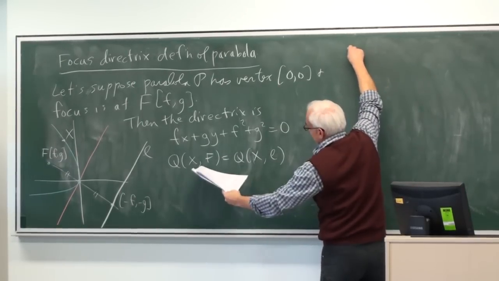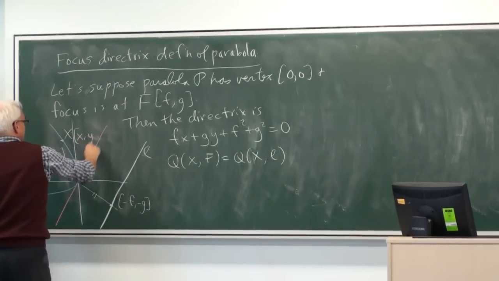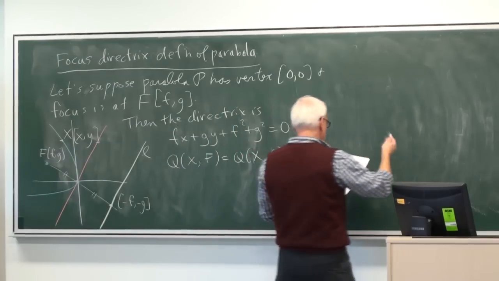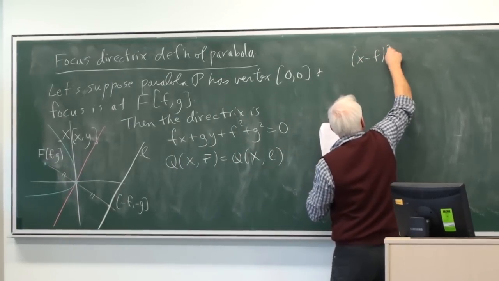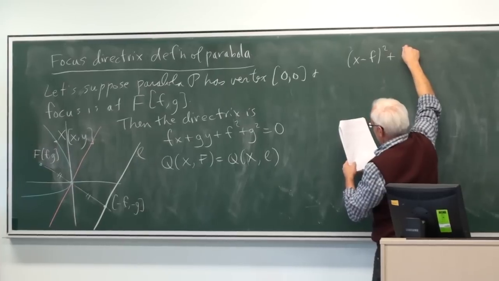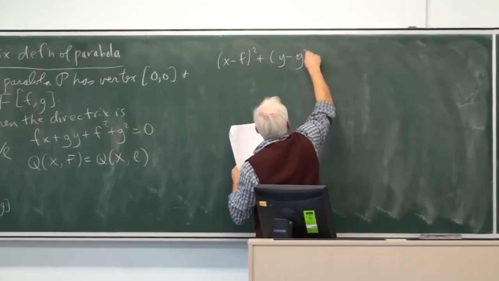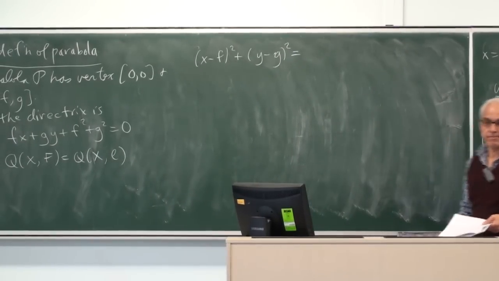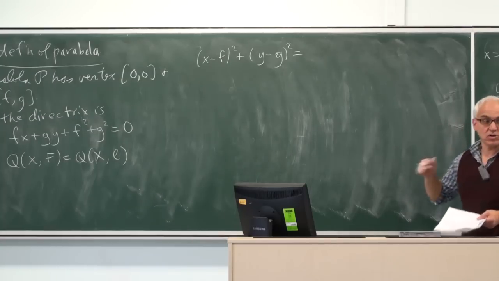Okay, so the quadrance from x to F, let's see what x is first. It's the point x, y. We're working in the Cartesian, ordinary Euclidean geometry here now. So we're just taking the quadrance between x and F first. That's x minus f squared plus y minus g squared. And that ought to be the quadrance from the point to the line.